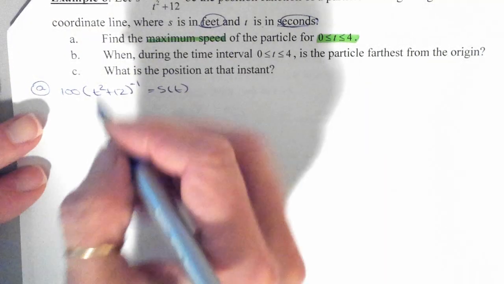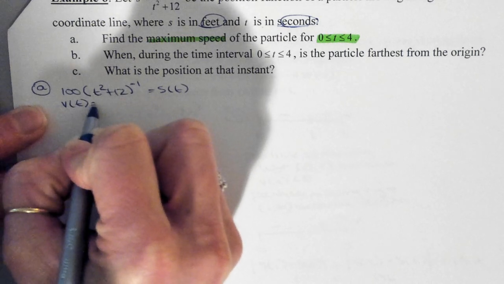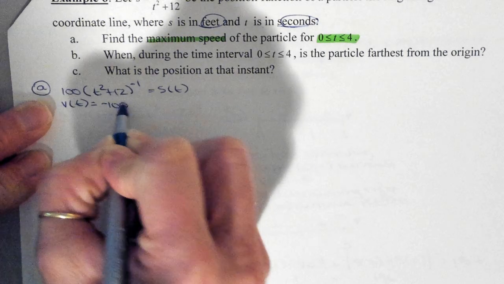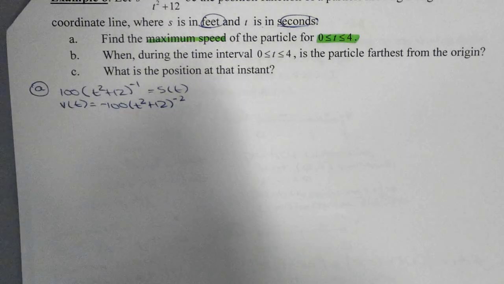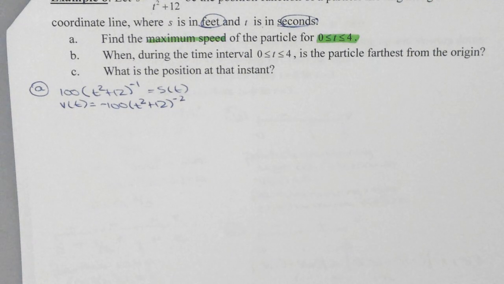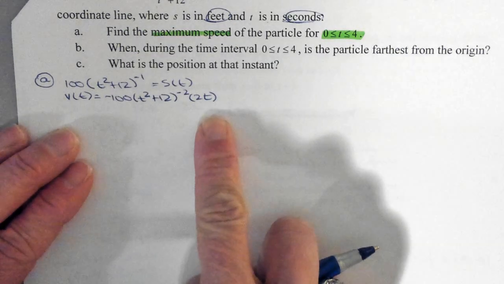I'll do it in a couple stages here. v of t, which is really s prime of t, is negative 100 times t squared plus 12 to the negative second power. Then using the chain rule, what else am I taking the derivative of? Yeah, t squared plus 12. That's 2t. So this looks like a hot mess.